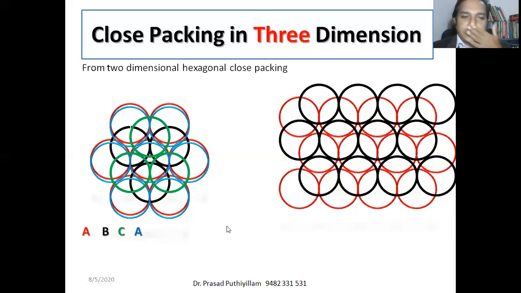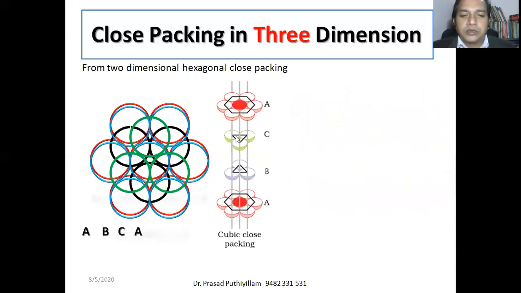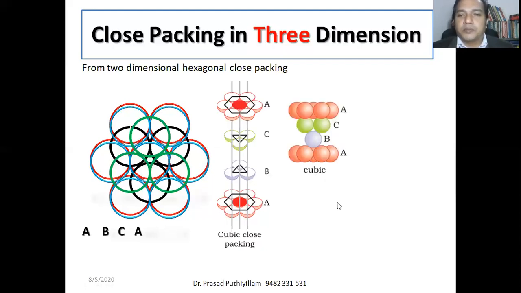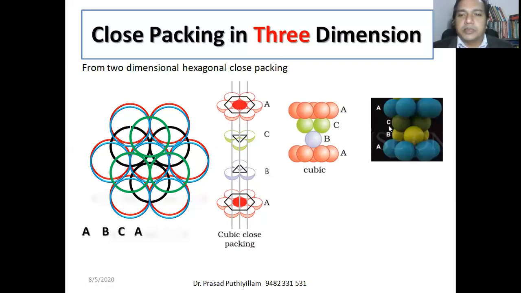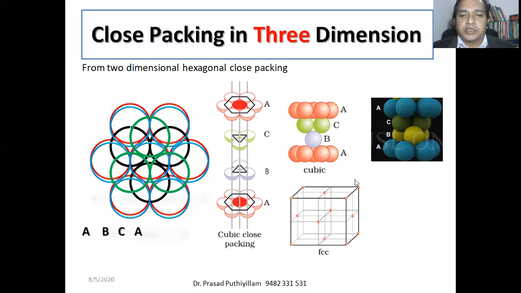If you observe this type of arrangement in 3 dimensions, it becomes a cubic close packing, in the shape of a cube. So this is the A, B, C, A type arrangement, and we can see it becomes a cubical arrangement, with atoms at the faces of that cube.